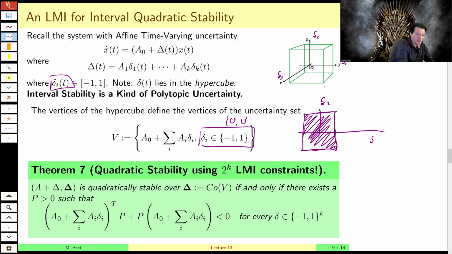This corner is, for example, 1, 0, 1 in Δ1, Δ2, Δ3. This corner here is 1, 1, 1.